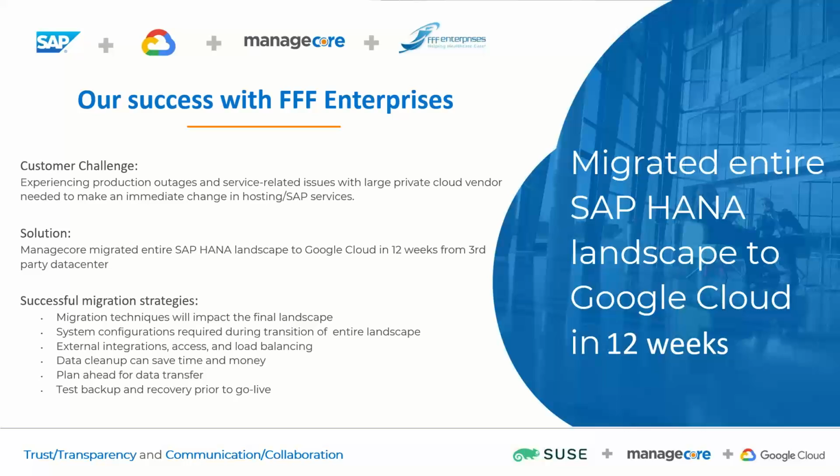We need to change to a platform that allows us to not continually worry and babysit our SAP environment, but give us the autonomy to be able to actually transform and innovate instead of really just watching, making sure your environment's running on a day-to-day standpoint.